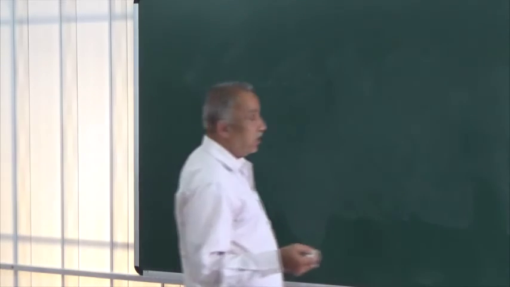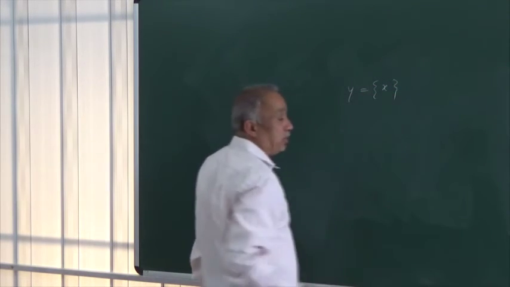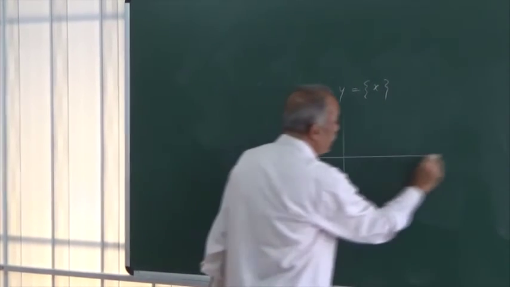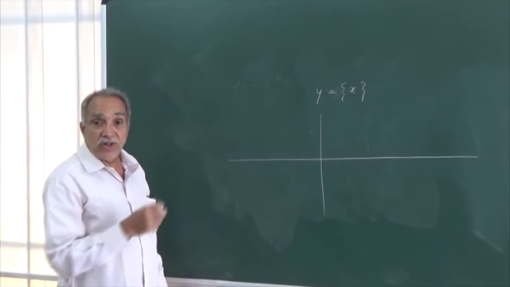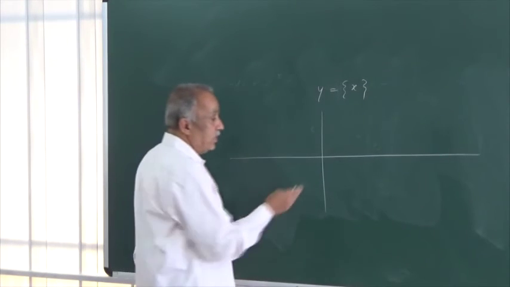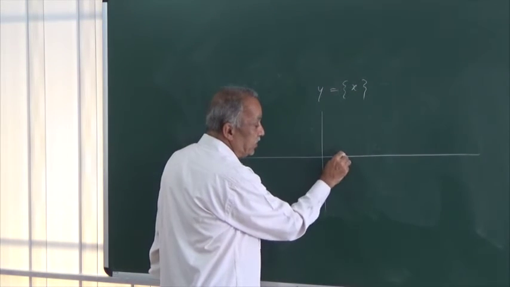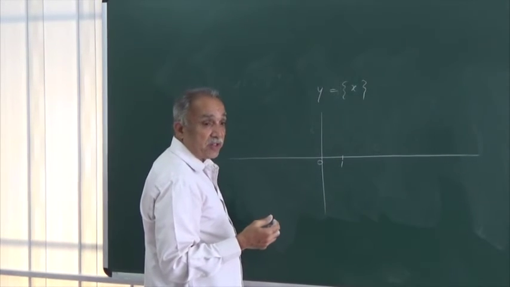Next, let us consider the graph of the function y equal to fractional part x. We find that the function is very well defined. It is a function with domain equal to the entire set of real numbers R. If the number is between 0 and 1, the number itself will be a positive fraction.